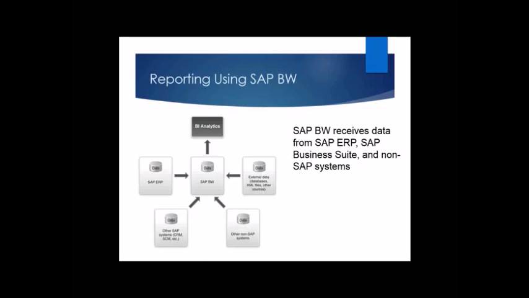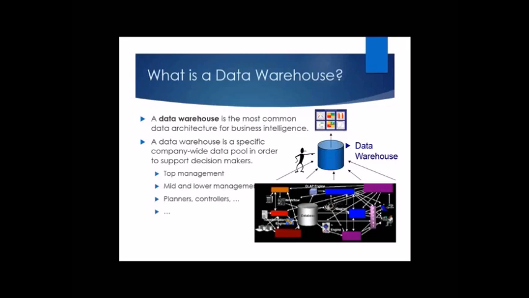Unlike the OLAP environment in SAP ERP systems, SAP Business Warehouse is not a real-time or online system, and the data is not tied to transactions and is not the most current, because SAP Business Warehouse is a type of data warehouse. A data warehouse is a large reservoir of detailed and summarized data. So it's not the most current, and it comes from various sources. And a data warehouse is one of the most common data architectures used when it comes to business intelligence.